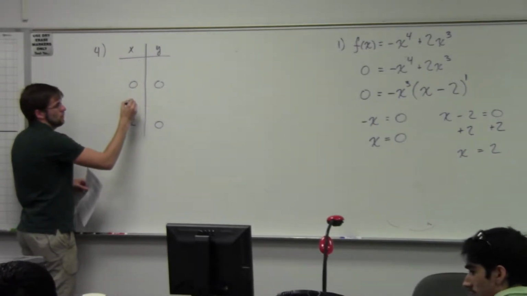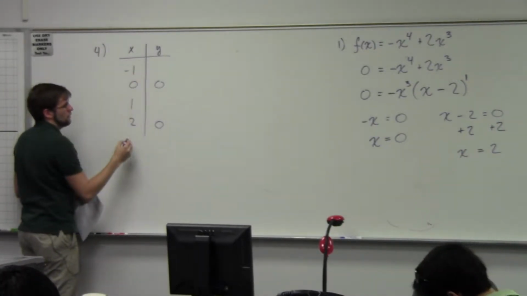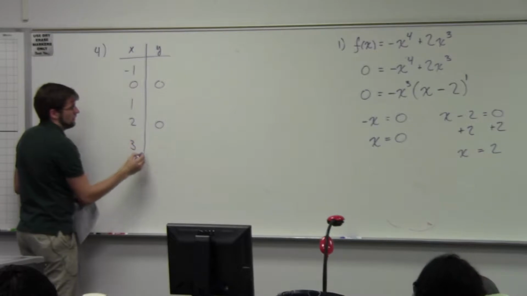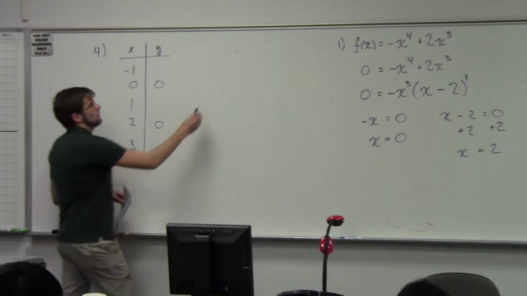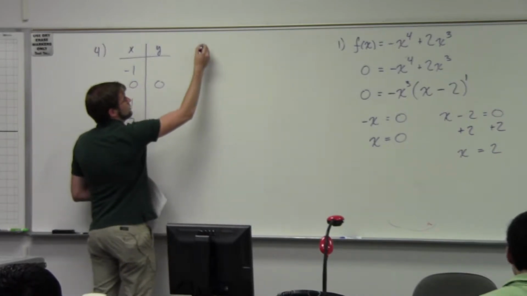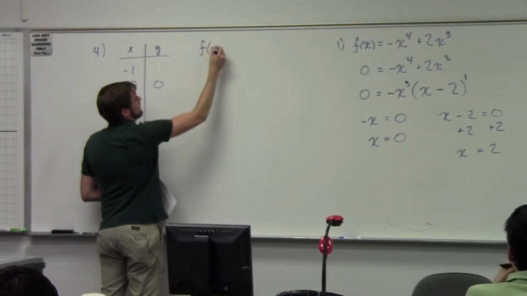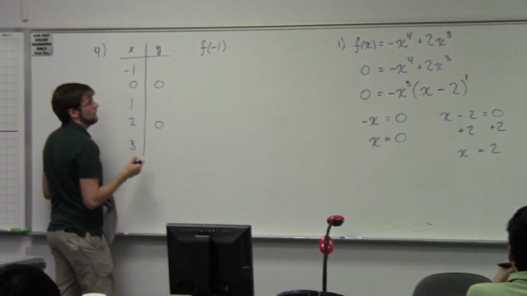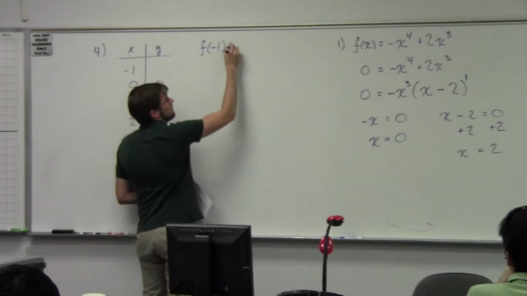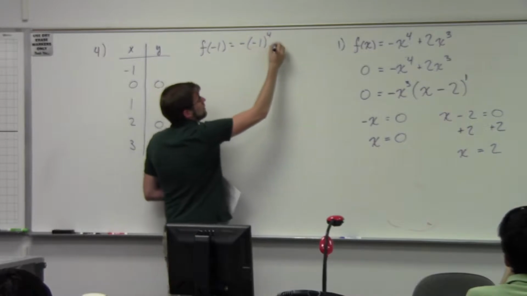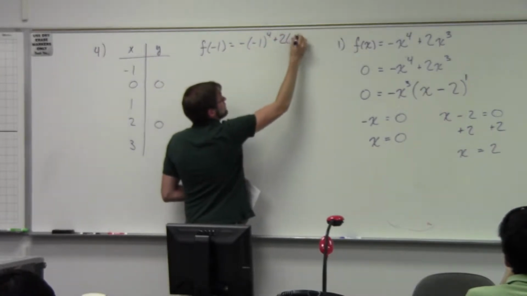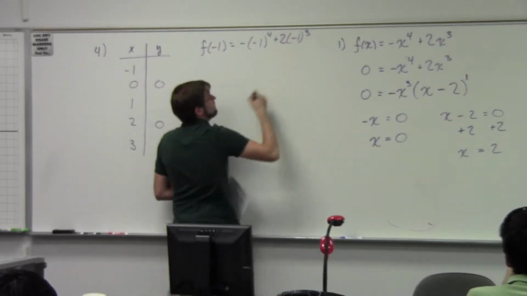So let's pick 1, -1, and 3 and see what happens. All right, so my function at -1 is going to be -1 to the 4th power plus 2 times -1 to the 3rd power.